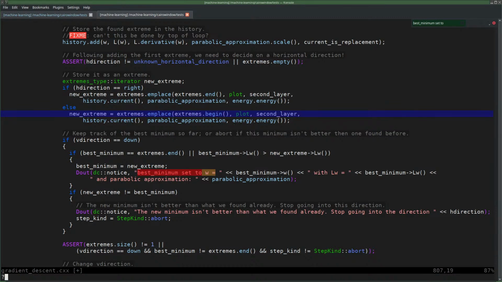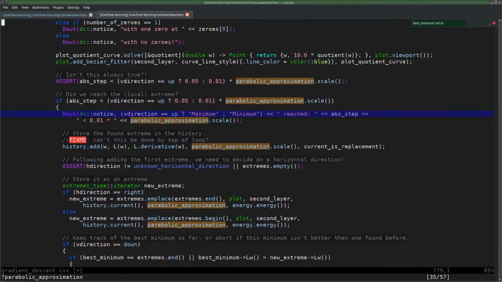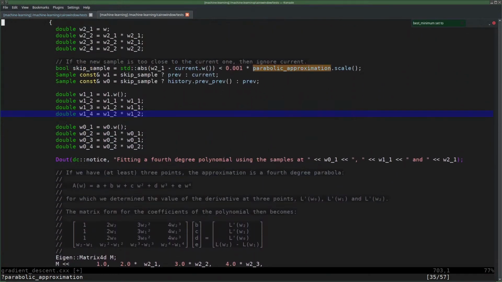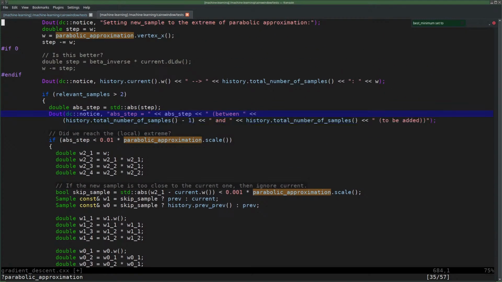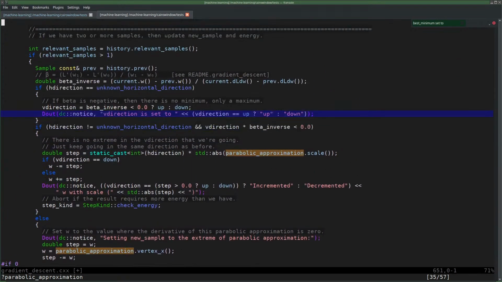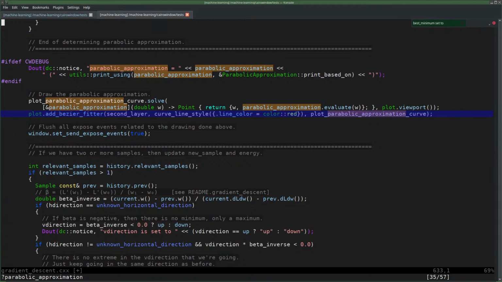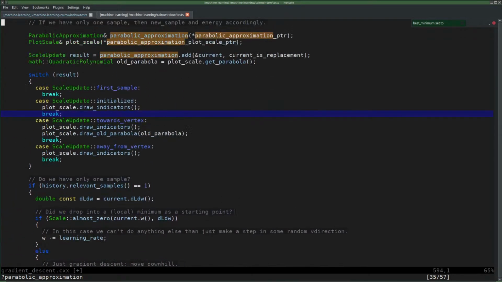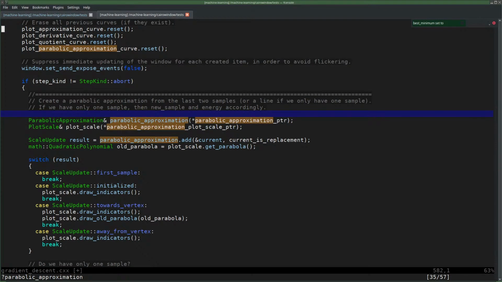Where this parabolic approximation is a reference to whatever my pointer is pointing at.